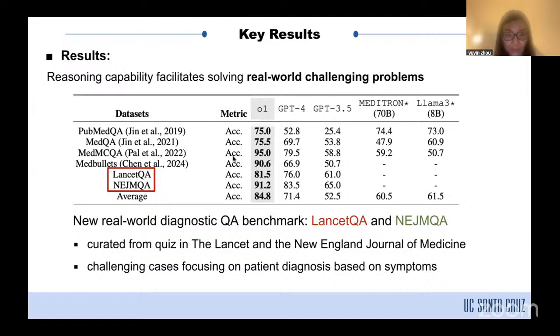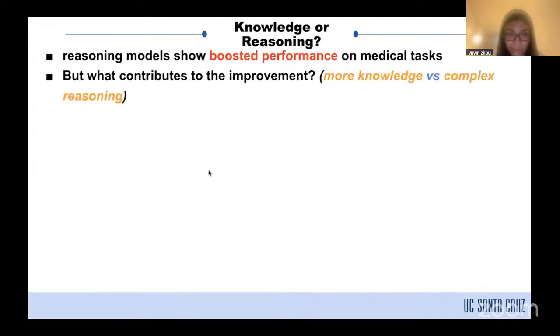To summarize, we can see some improvement in complex clinical reasoning, especially in these real-world diagnostic QA benchmarks. We can see the large improvement due to the extended reasoning paradigm. However, the hallucination and other issues still persist with the O1 model.